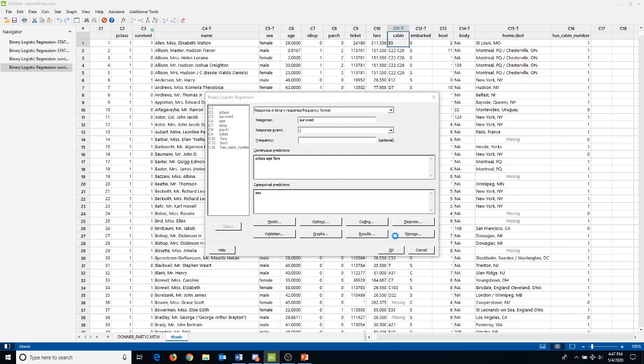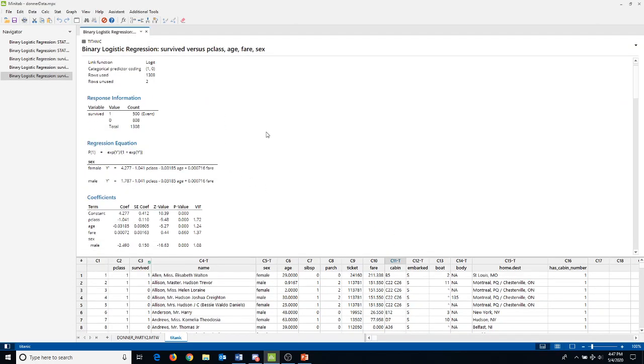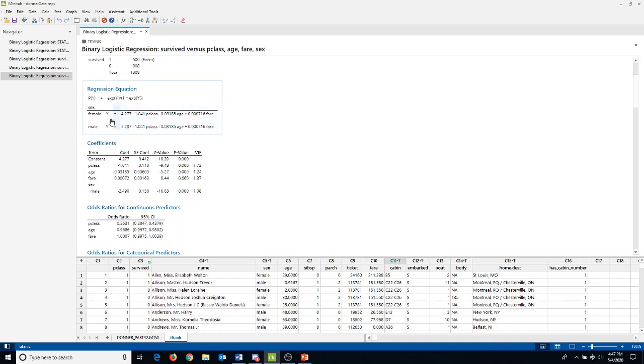So we go ahead and do our regression analysis. Notice that we get female here and then male.